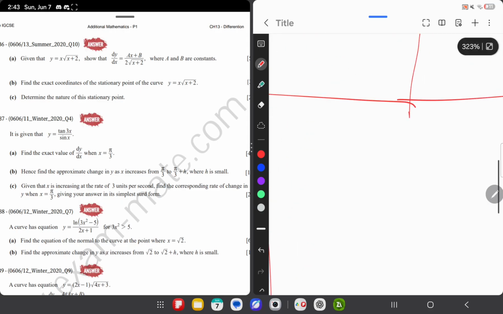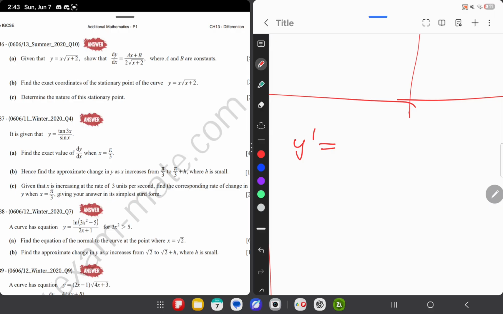It is given that y is equal to tan of 3x over sine of x. Now this has asymptotes, but find the exact value of dy/dx when x is equal to pi over 3. Differentiating, what do you get?